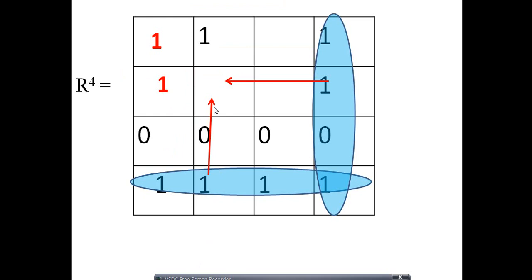The previous value is 1, the previous value is 1. So the new value is also 1. Now calculate this. 1, 1. What is the answer? Any guess? Obviously the answer is 1. Now calculate this. 1, 1. What is the new value? 1. That's it. So this is the R4 matrix. Is that clear?